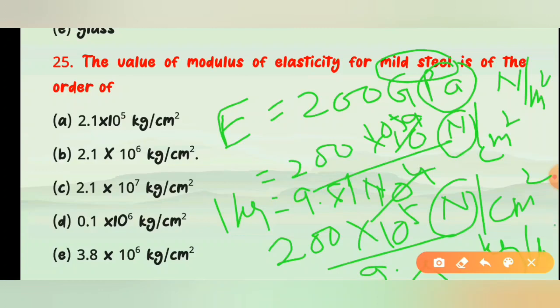So by dividing 200 into 10 to the 5 by 9.81, we get almost 10 to the 6 kg per cm square. Let us say 200 into 10 to the 4 equals 2 into 10 to the 6. So by dividing by 9.81, approximately it will come 2.1 into 10 to the 6 kg per cm square.